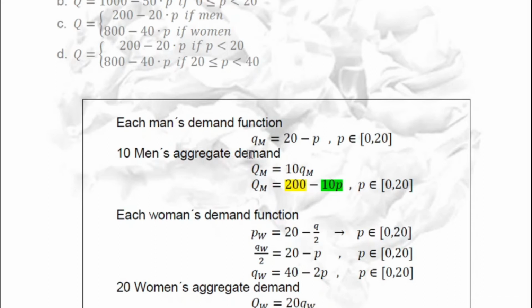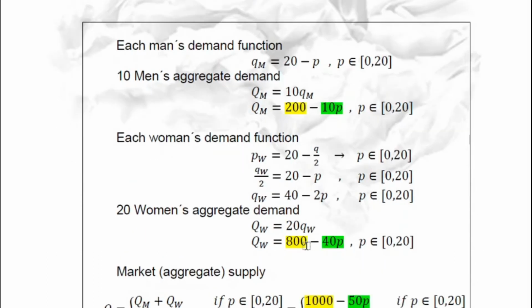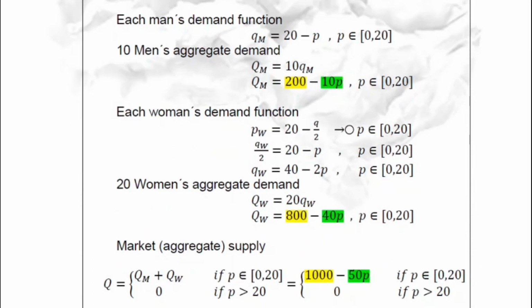Now, as men and women's demand functions are for the same price ranges, we can just sum them normally, and that's all. So the market aggregate, this is wrong, this is demand, not supply, sorry.